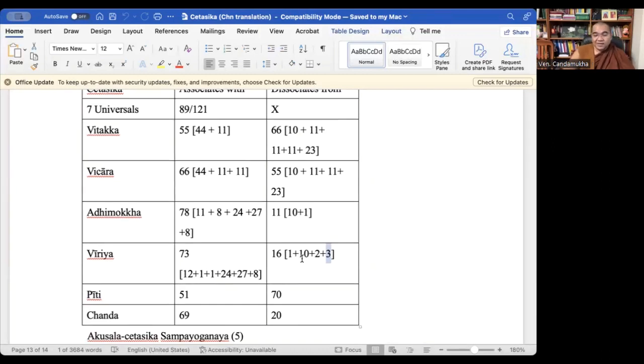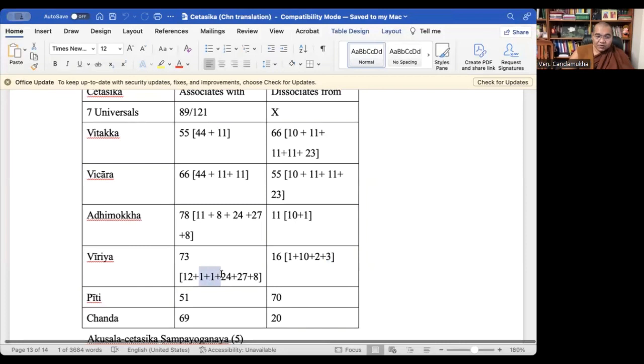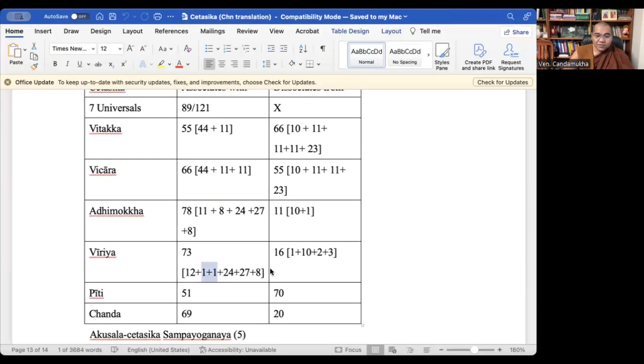So among the 18 Ahetuka Citta, only two consciousness, Manodvaravajjana and Hasituppada, associate with the Viriya effort. So other Cittas, 12 Akusala, 24 Kamavacara Sobhana, 27 Mahaggata, 8 Lokuttara, they associate with the Viriya effort.